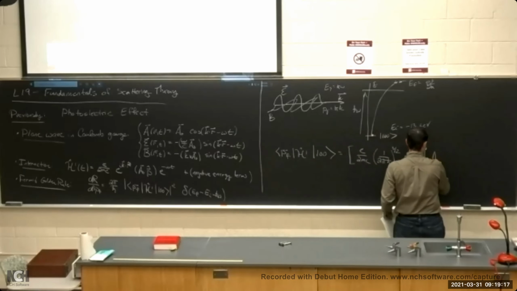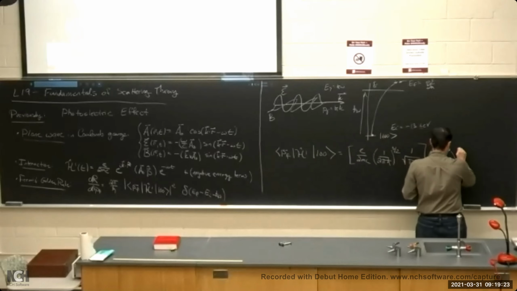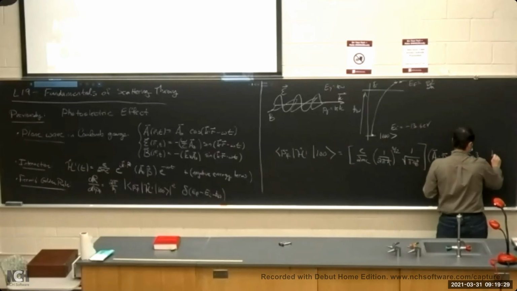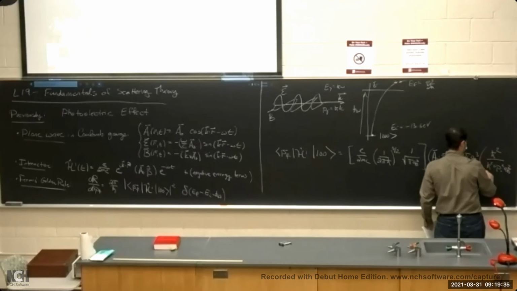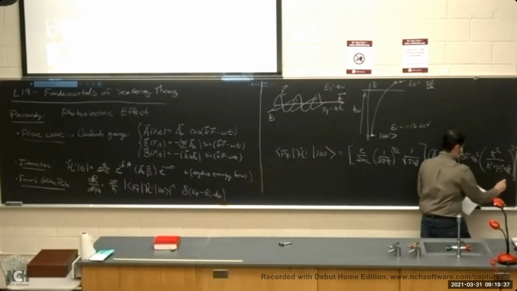The form of the solution was vector potential dot P initial. And the solution from doing the integrals was 8 pi Bohr radius cubed h bar squared over (h bar squared plus P initial squared Bohr radius squared), everything squared.